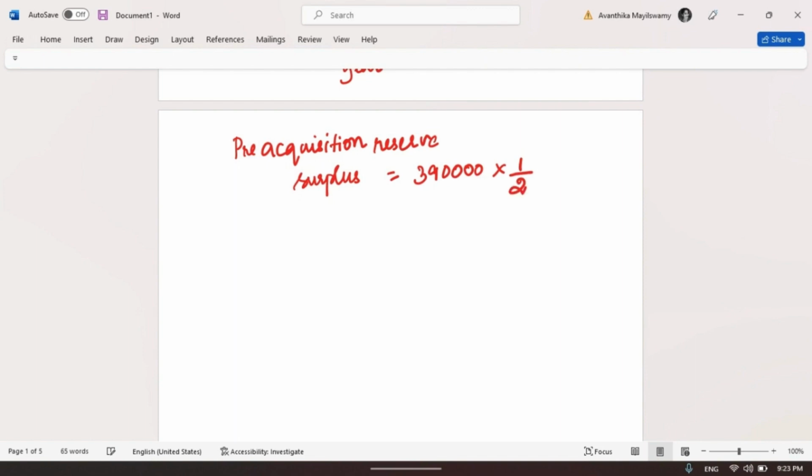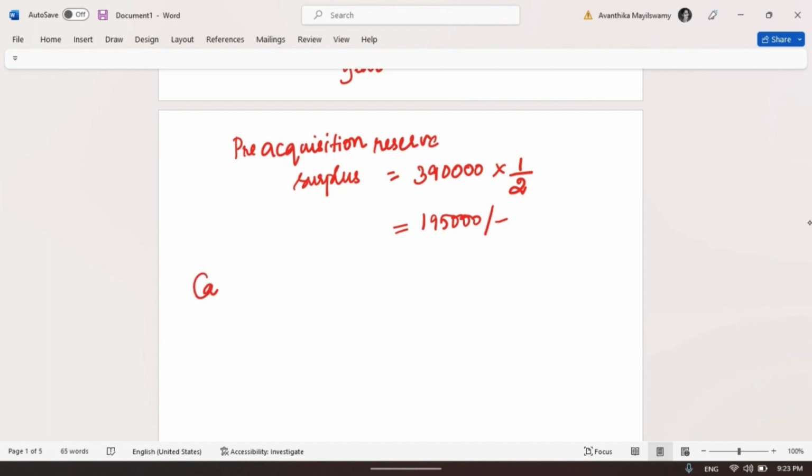That is 6 by 12 months, so it is equal to 1 by 2. So we get an amount of 1,95,000. So this contributes to the pre-acquisition profit.